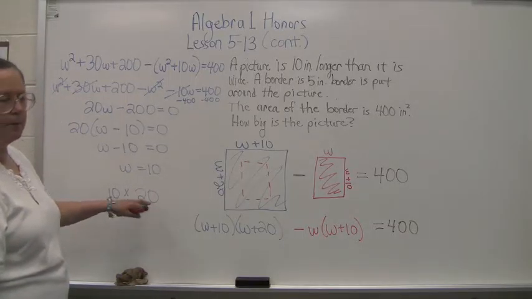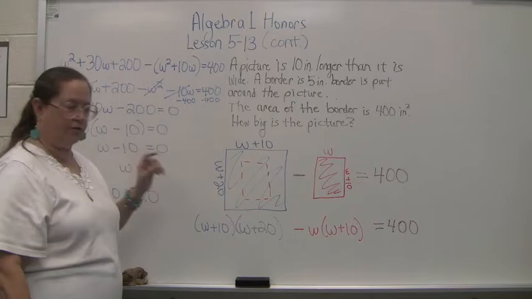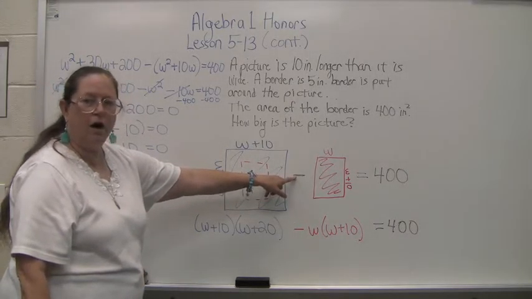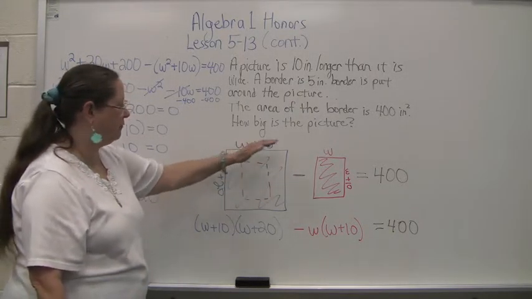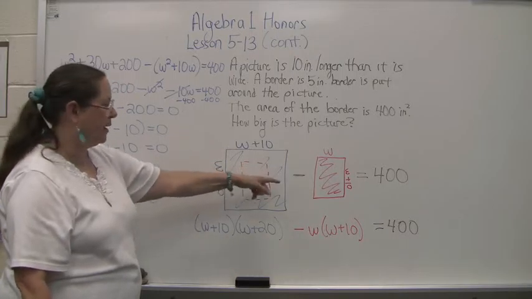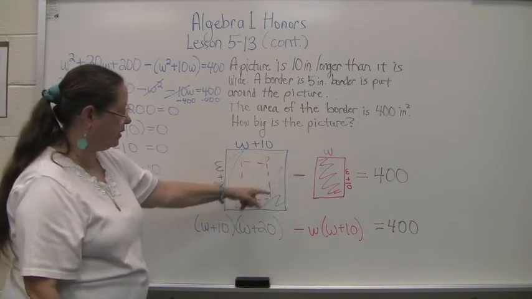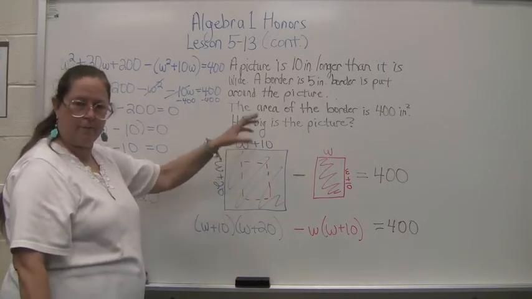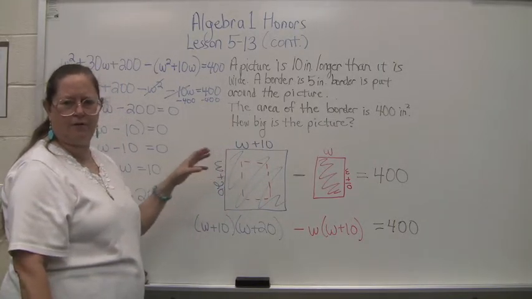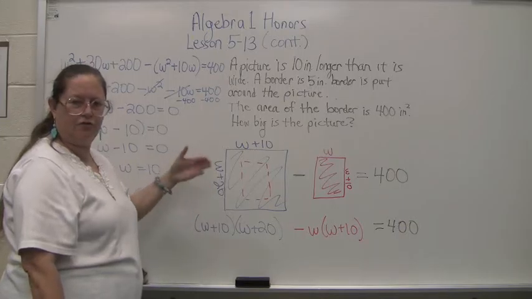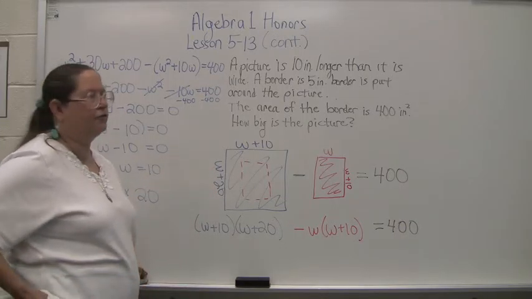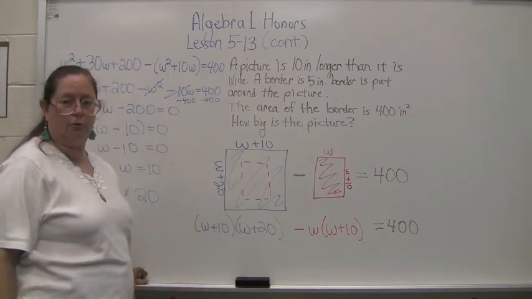But again, the way to do this problem, or any one like it, is as the difference of two areas. The area of the larger rectangle minus the area of the smaller rectangle gives you the area of the border. Okay, now they might phrase it a little differently. They might write the numbers a little differently. But that's the general idea for how to use factoring to solve this kind of word problem.